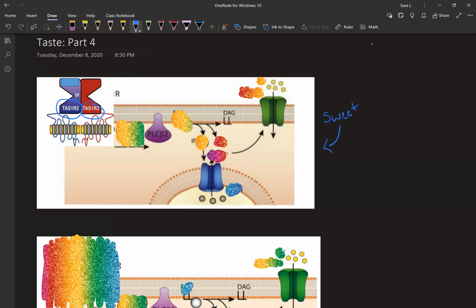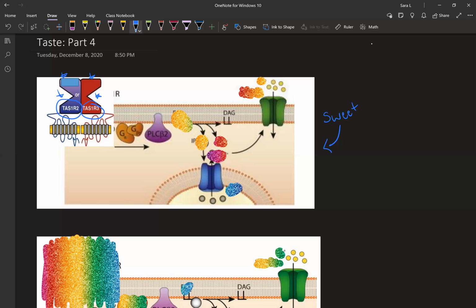So after our receptor is stimulated, by having a ligand bind, maybe the ligand binds here, or it binds up here, or over here. Wherever the ligand binds, it then activates this. The G protein is set off by having a GDP, which is originally attached to the alpha subunit of our G protein.